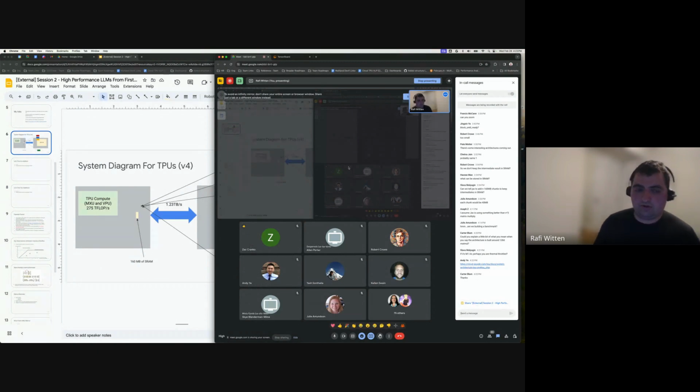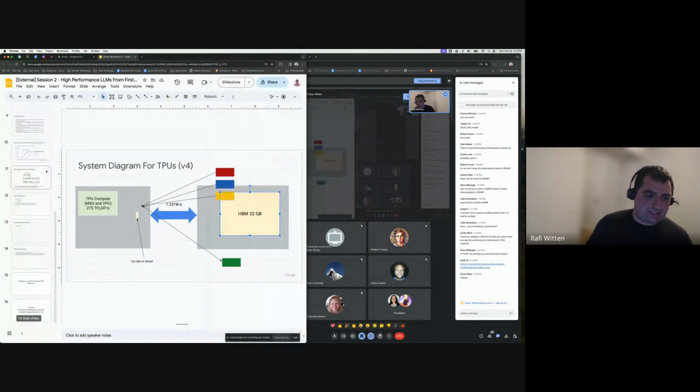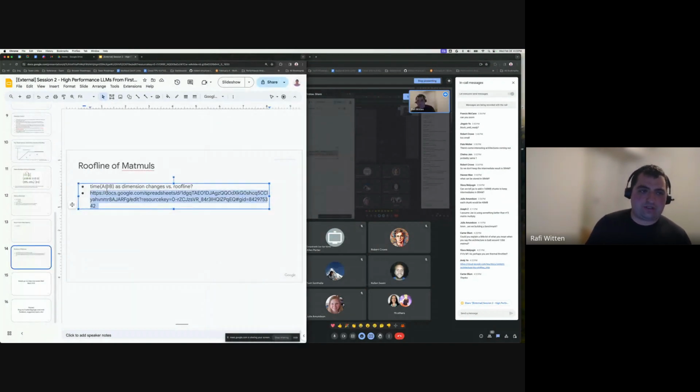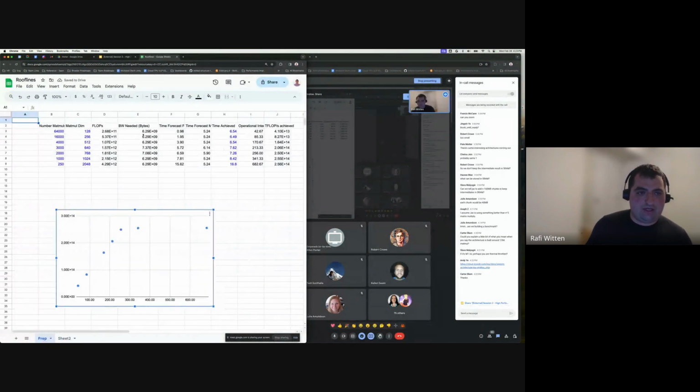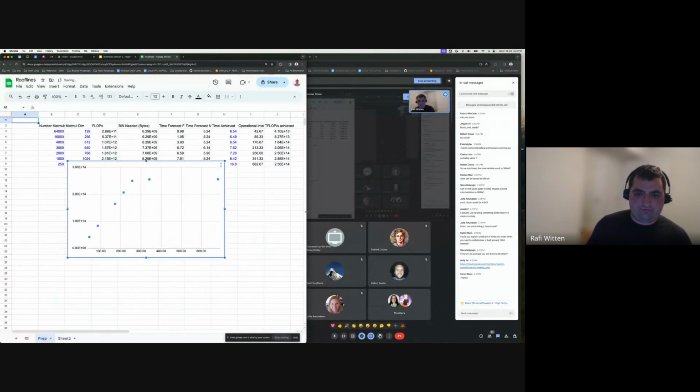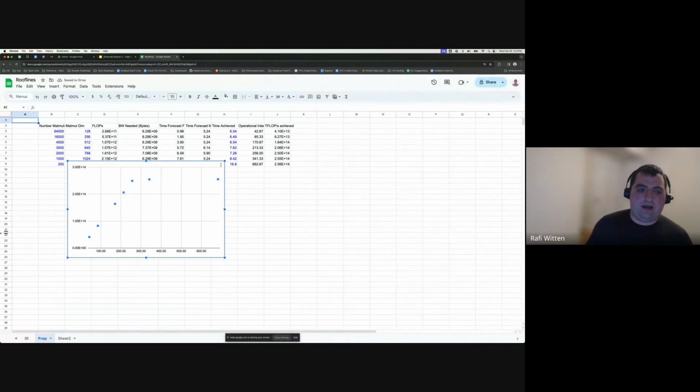Cool. And then I did this exercise before class. I don't have the heart to transcribe the results during class, but maybe I'll just show them, and I think this is a pretty faithful reproduction of what we just saw in class. I start with a matmul dimension of 128.